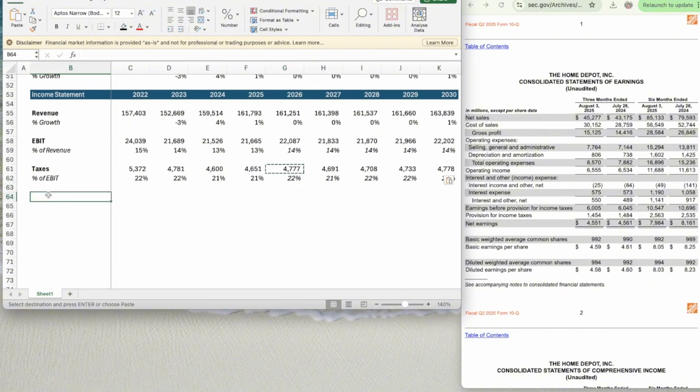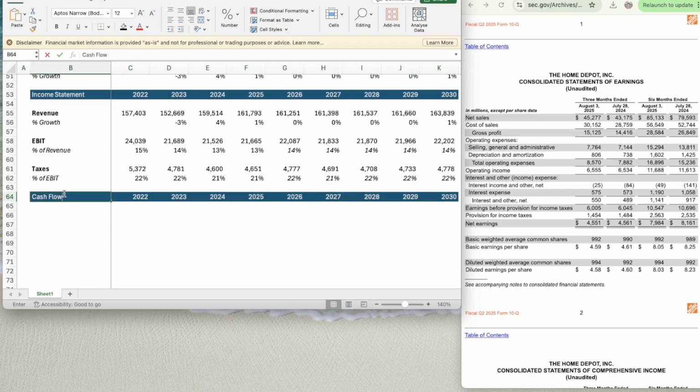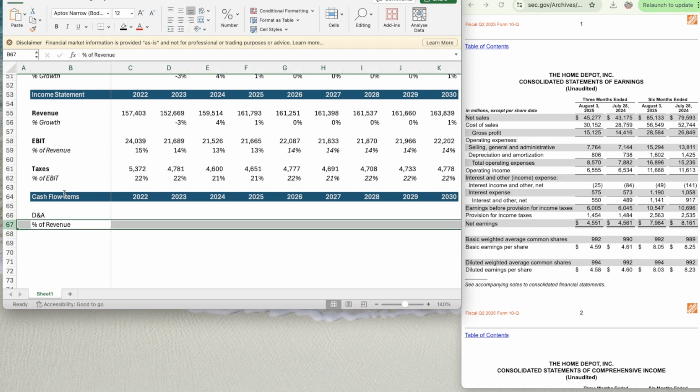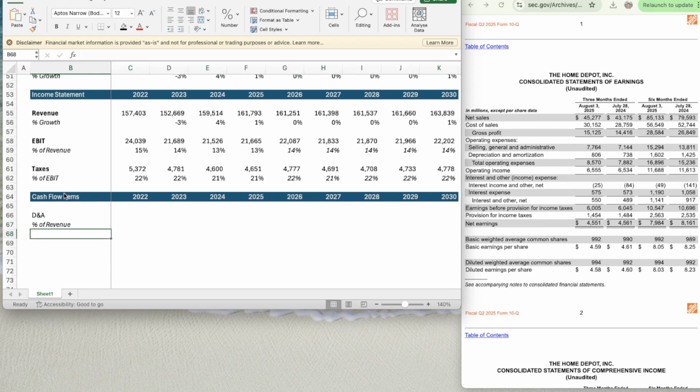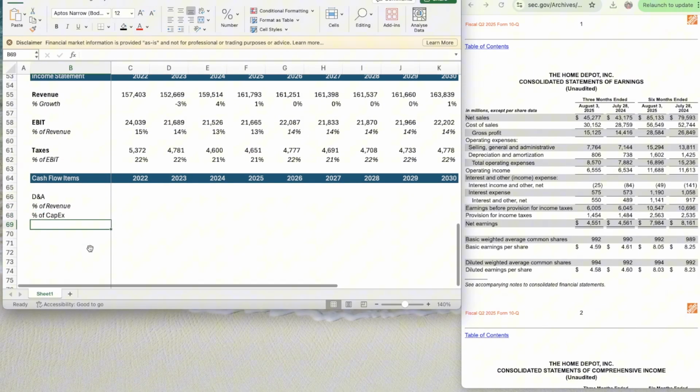The next item we're going to go on is, so we've done the income statement. We now need the cash flow items. And these are the depreciation and amortization. One second, let's just put these in place.